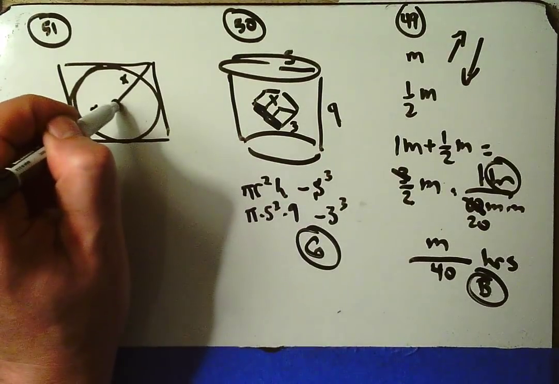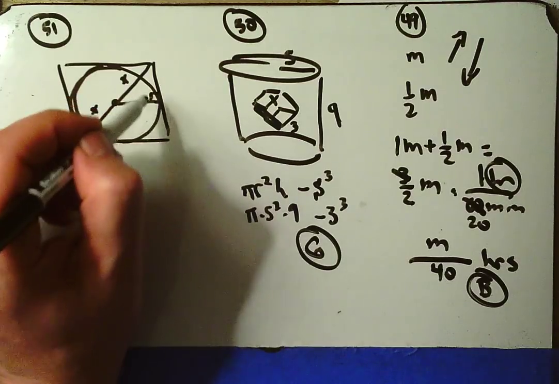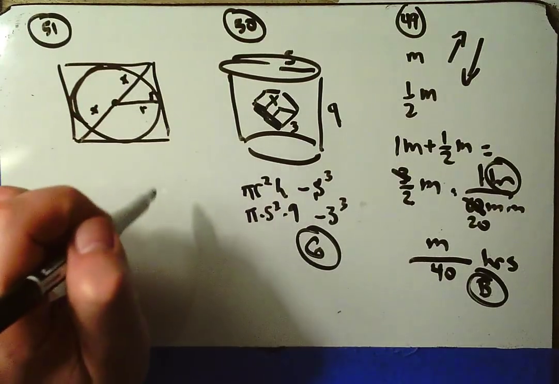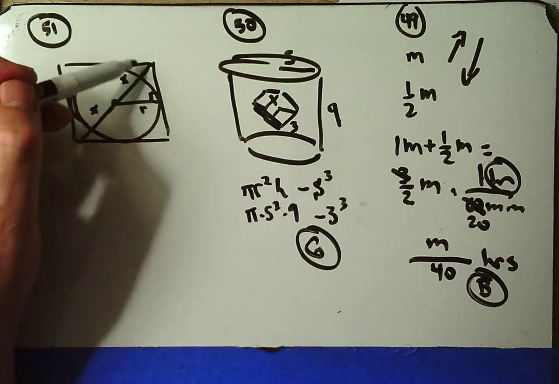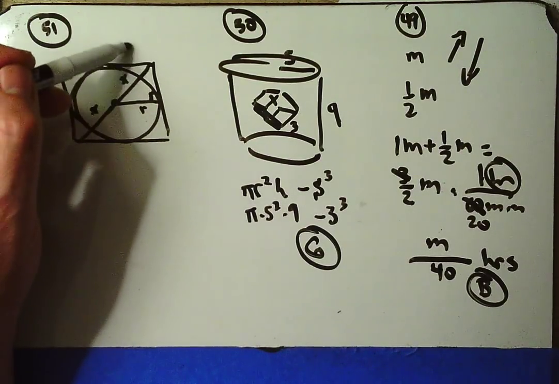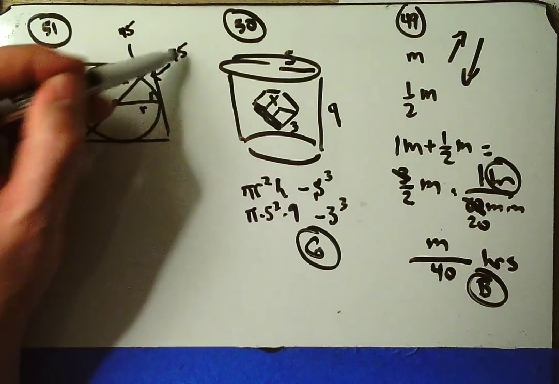But I actually want to draw in this, because when I draw in this is my radius. And the diagonal of the square takes this right angle and turns it into 45 and 45.